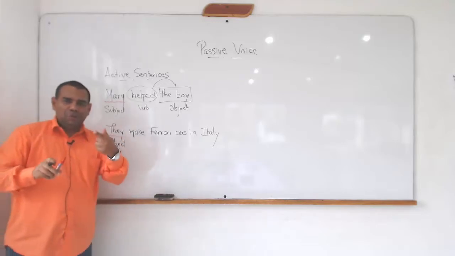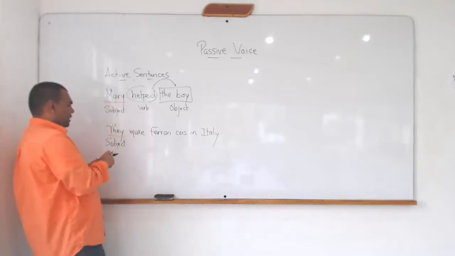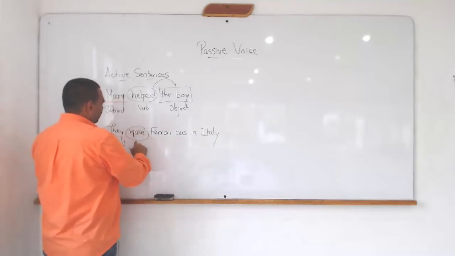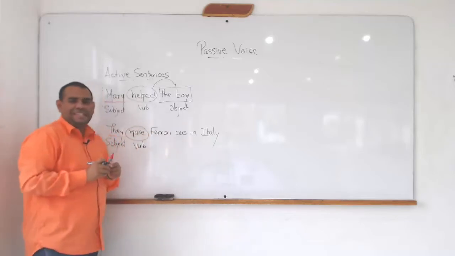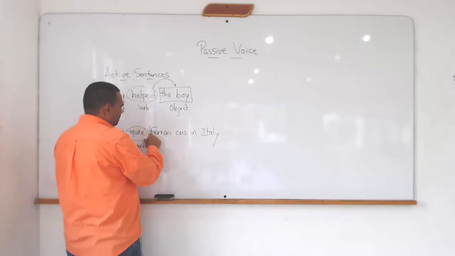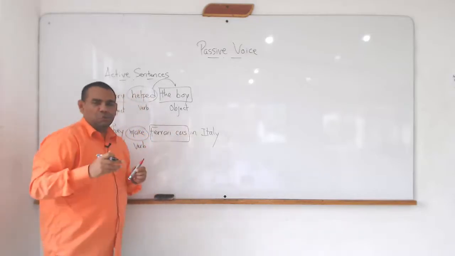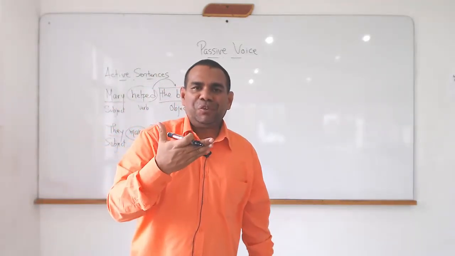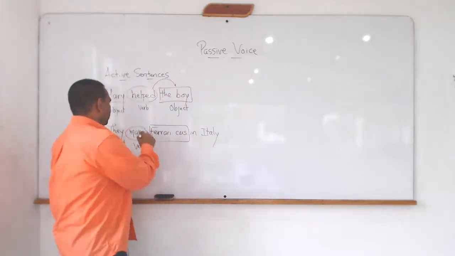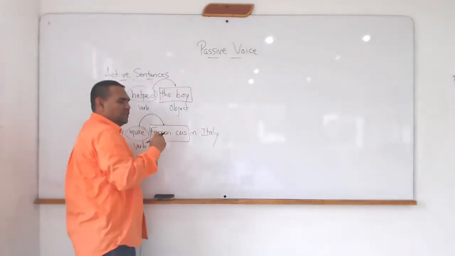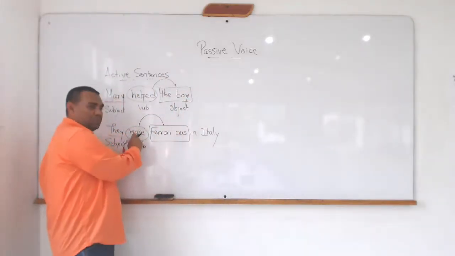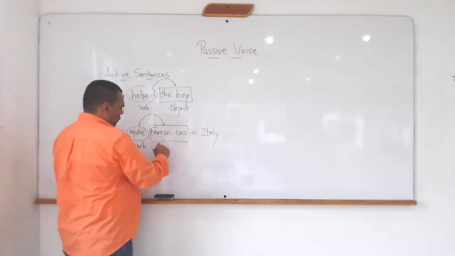And now, once more, we see a verb in that sentence, which is make. And finally, we find the information which constitutes an answer to the question, what? The one that receives in a direct form the action mentioned by the verb: Ferrari cars.